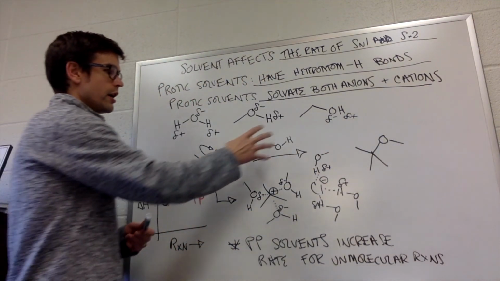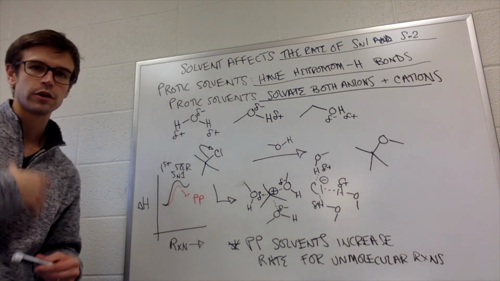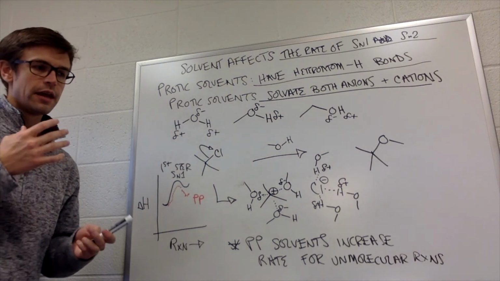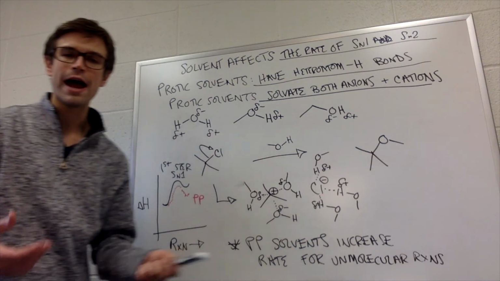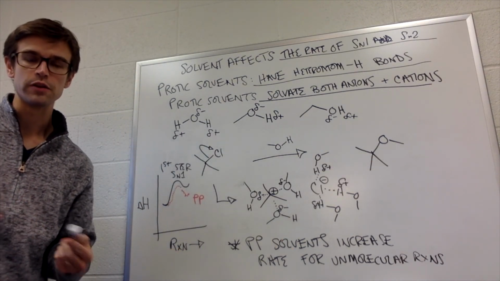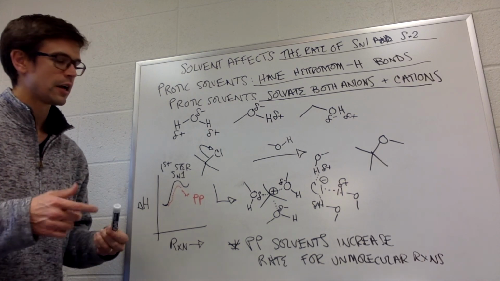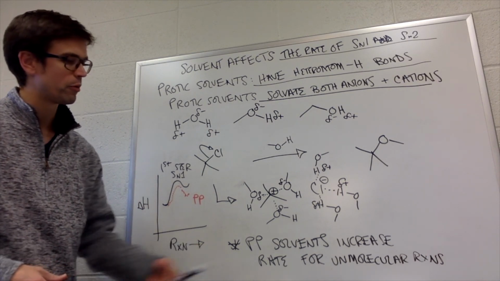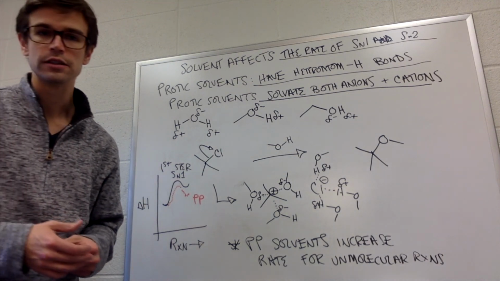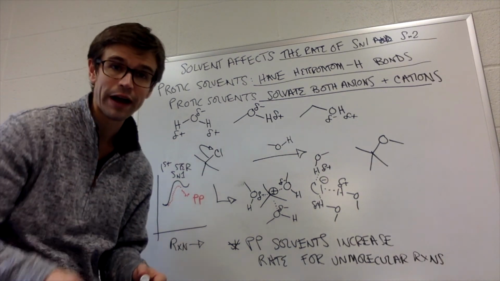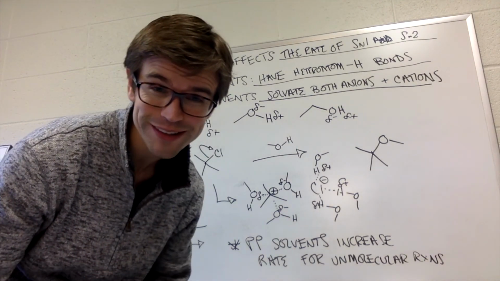So essentially, if we're just in that solvent, that's going to facilitate the SN1 reaction best, and it also acts as a nucleophile because it's a weak nucleophile. So the take-home message of this part is that polar protic solvents increase the rate of unimolecular reactions. So hold tight for polar aprotic solvents.